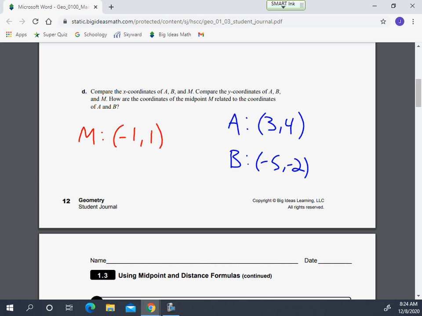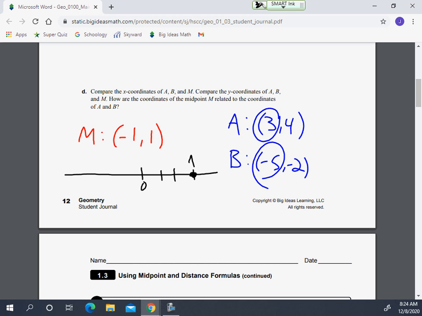Now compare the x coordinates of A, B, and M. Compare the y coordinates. Let's start with the x coordinates. A is at 3, right? B is at -5. Let's start with the number line. Here's 0. We have 1, 2, 3.